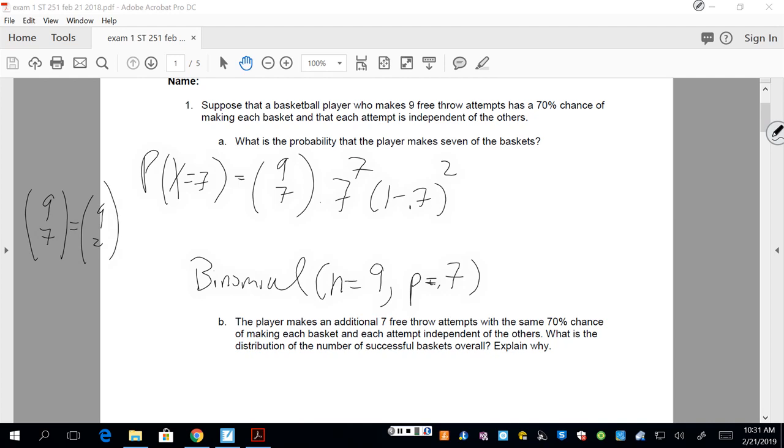Out of the 9, you either determine the 2 that are missed, or the 7 that are made. This one's easier to compute. 9 times 8 over 2 times 1 is 36. So it's 36 times 0.7 to the 7th times 0.3 squared.